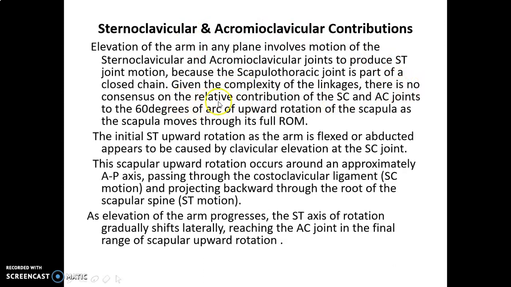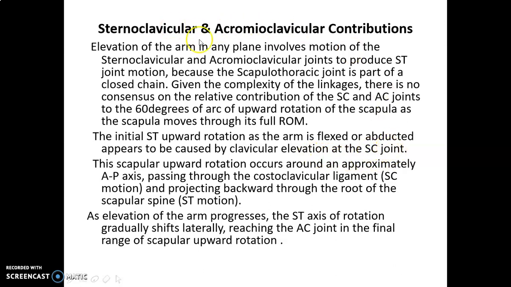There is no consensus on the relative contribution of the sternoclavicular and acromioclavicular joints to the 60 degrees of arc of upward rotation of the scapula as the scapula moves through its full range of motion. There are different thoughts about this 60 degree arc of rotation. The initial scapulothoracic upward rotation as the arm is flexed or abducted appears to be caused by clavicular elevation at the sternoclavicular joint.